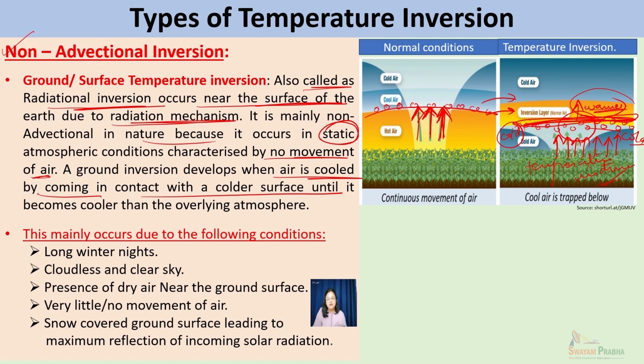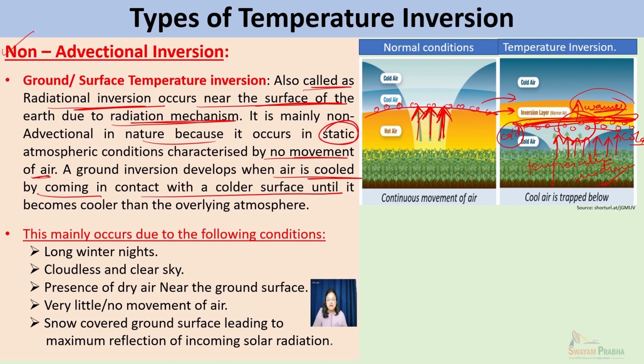First is the long winter nights, so that the loss of heat by terrestrial radiation from the ground surface during the night may exceed the amount of insolation received from the sun through incoming shortwave electromagnetic radiation, and thus the ground surface becomes too cold, and the air lying above the ground absorbs the properties of the ground also.